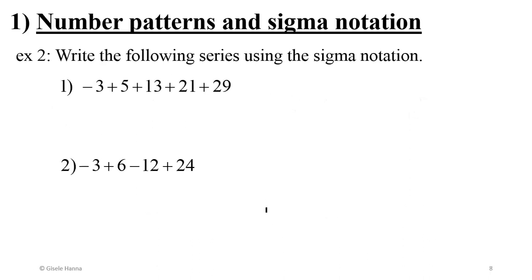Now in this example, we're going to write the following series using the sigma notation. So here I have the series and I wish to represent it using sigma. As we've mentioned before, in order to represent a series using the sigma notation, I need to determine the pattern by which the sequence is progressing.